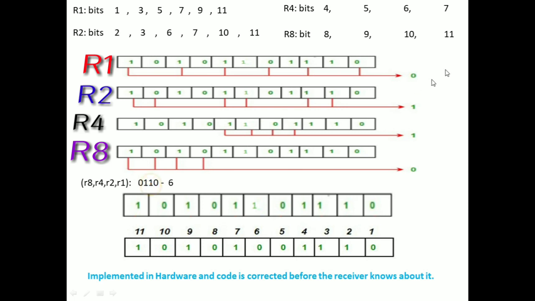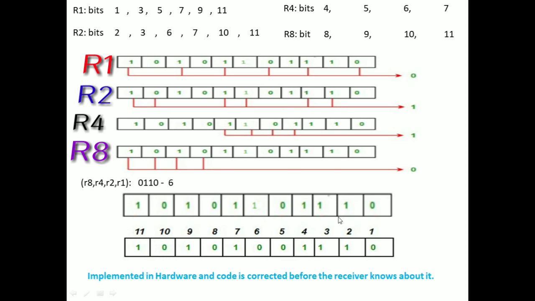R2 value is 1 here and R1 value is 0. What is the decimal representation of 0, 1, 1, 0? The decimal representation is 6. So now the receiver hardware is able to detect that the error occurred at the 6th bit position.